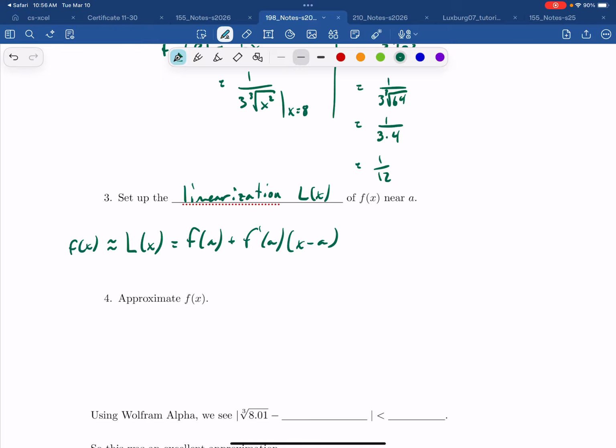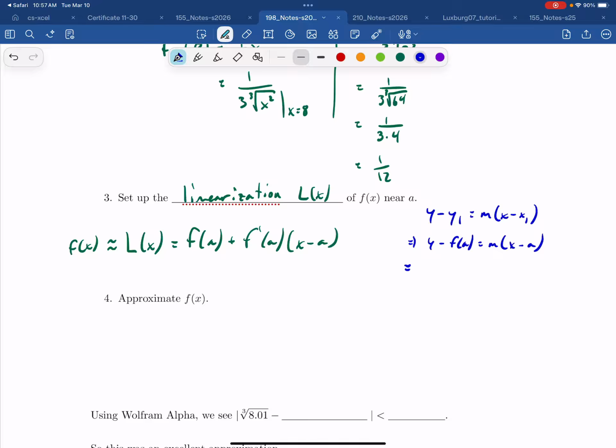Well, remember that we have y minus y1 equals m times x minus x1, right? And remember that if x1 is a and y1 is f of a, we have y minus f of a equals the slope times x minus a.